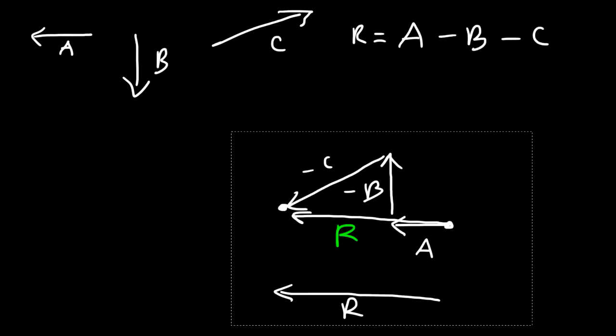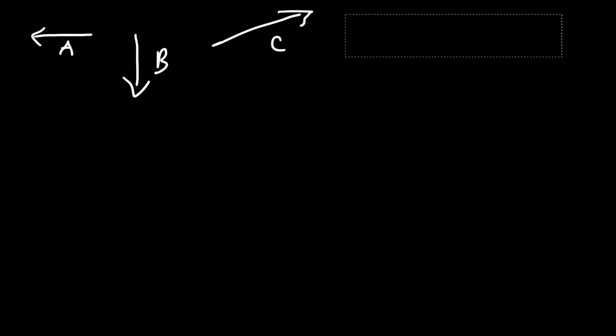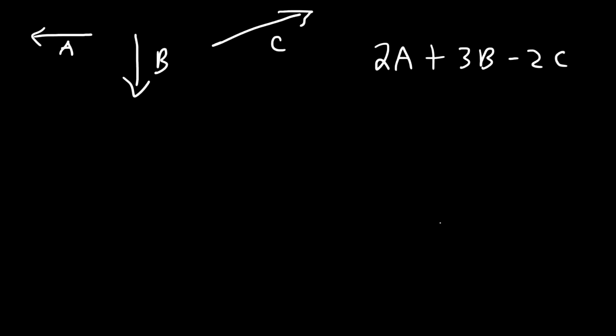Now let's try one more example. Draw the vector 2a plus 3b minus 2c. So 2a is going to be twice as long, but in the same direction. 3b is 3 times as long. So let me redraw 2a somewhere else. Let's put it up here. 3b is going to be 3 times as long.